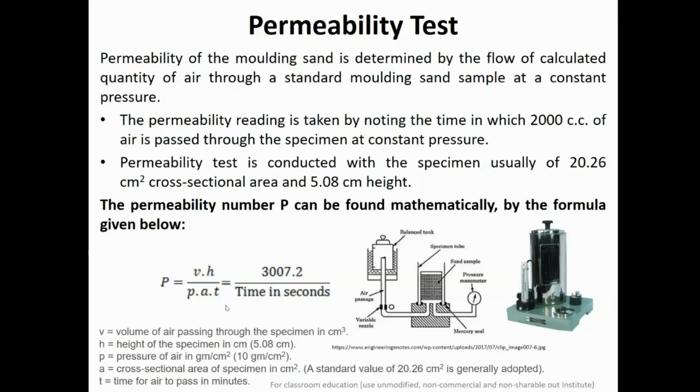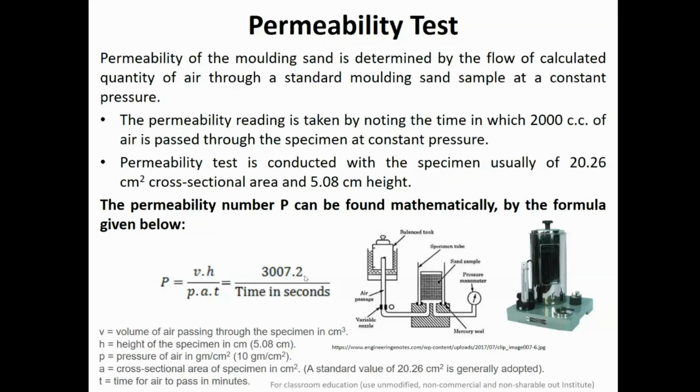V is the volume of air passing through the specimen in centimeter cube, approximately 200 centimeter cube, and the height of the specimen is 5.08 centimeter. Pressure is also constant, 10 gram per centimeter square. And the area, we have already considered, is a standard value, 20.26. If you keep all these numerical values here, you will get approximately the number 3007.2.